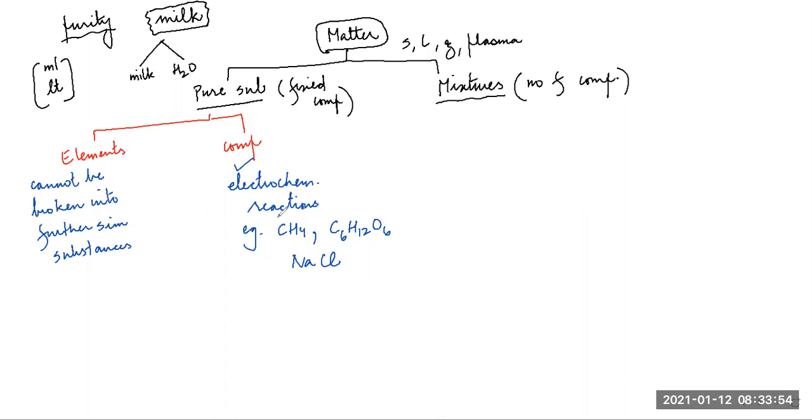These are all examples of compounds because if you take any compound, let's say NaCl, by some chemical or electrochemical reactions, it can be broken down into simpler substances. Which simpler substances? Sodium and chlorine. But if you take elements, it's not possible.